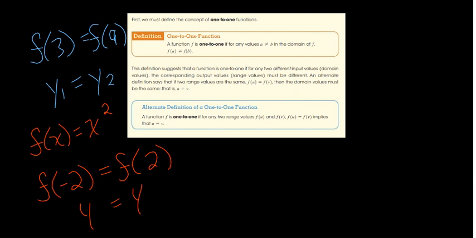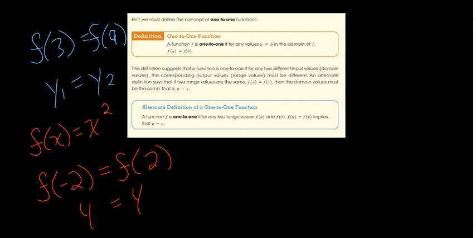The alternative definition: a function f is one-to-one if for any two range values f of u and f of v, f of u equals f of v implies that u is equal to v. That is an okay alternate definition.